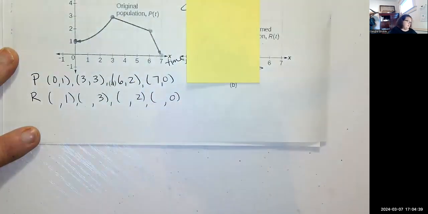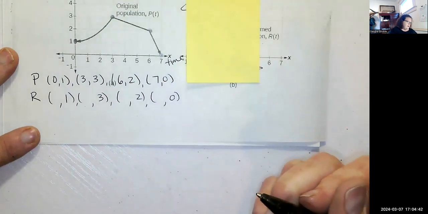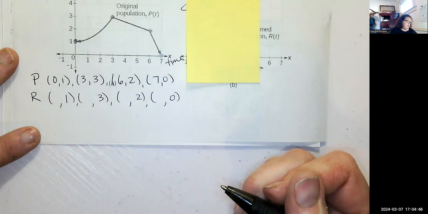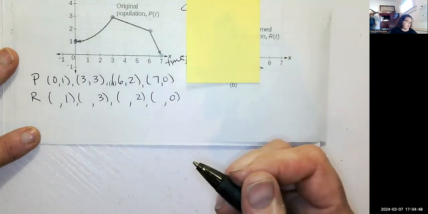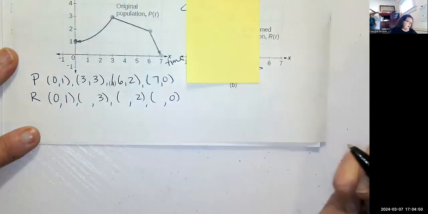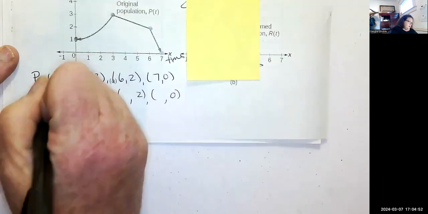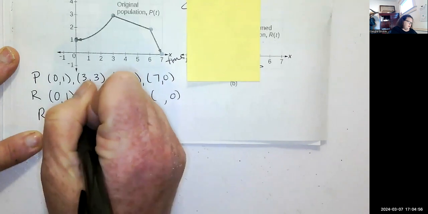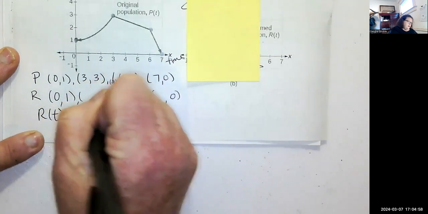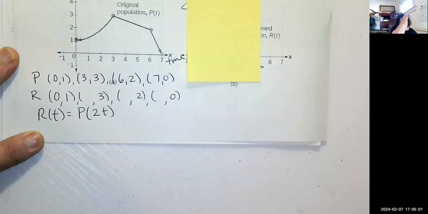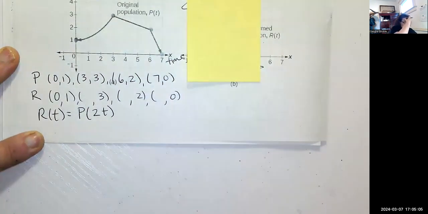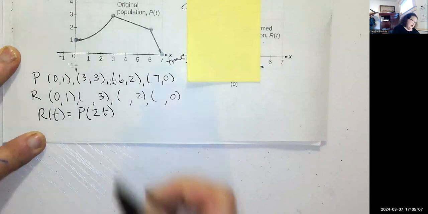So how would we say this? Well, if you plug in for 0, you're still going to have 0. So what we're going to say here is R of T is equal to P of 2T, because that would cut it in half.